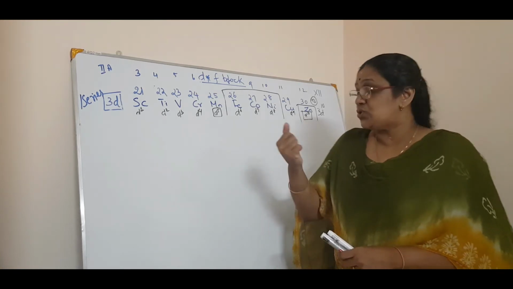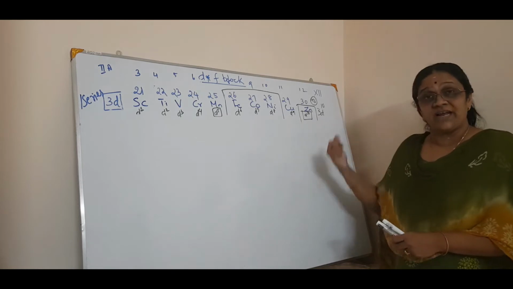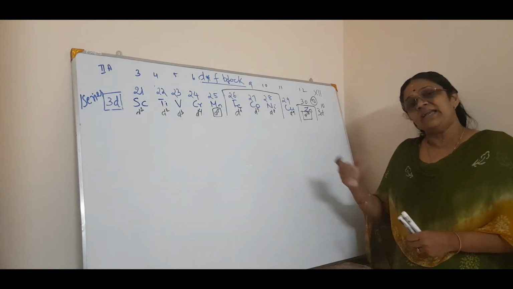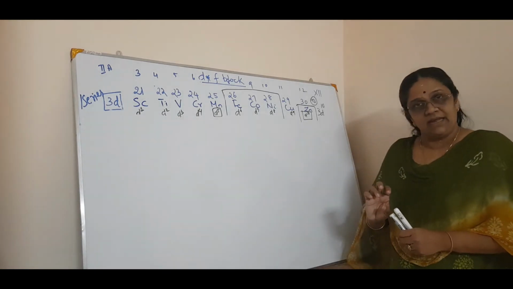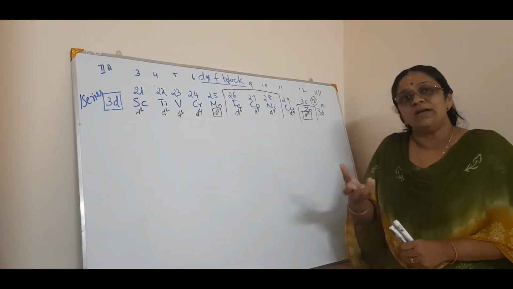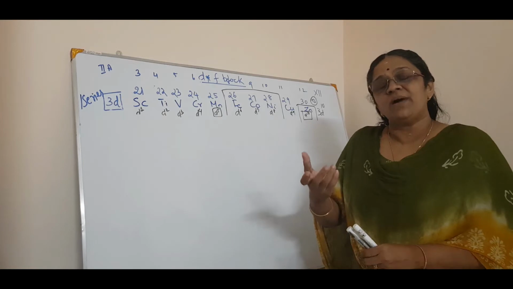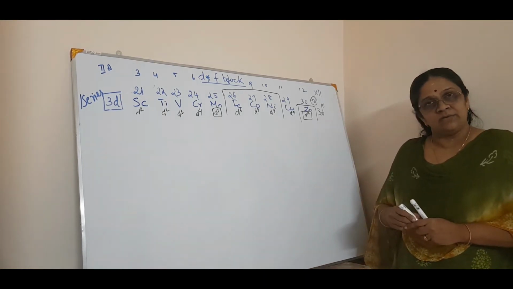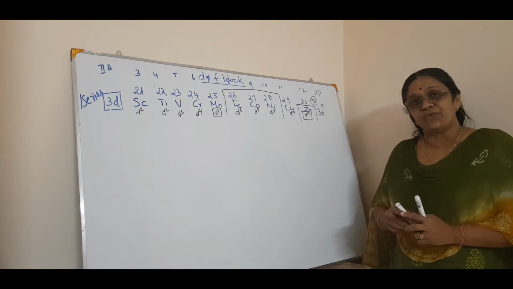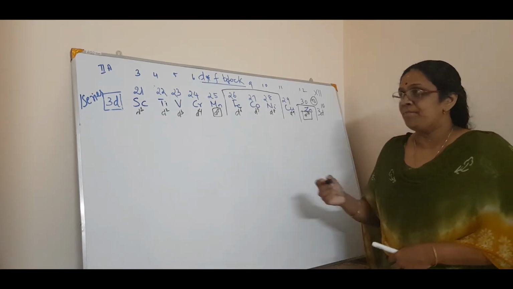So you can say it is a non-transition element. But it is included. Why? Because the 10th electron is coming into the d orbital, isn't it? So that is why you call it a d block element. But technically it is not a transition element. This is a pseudo transition element.